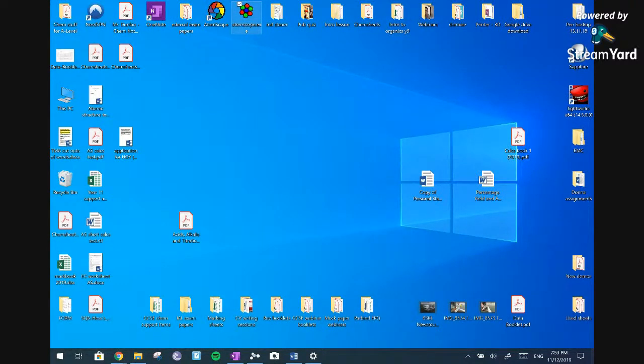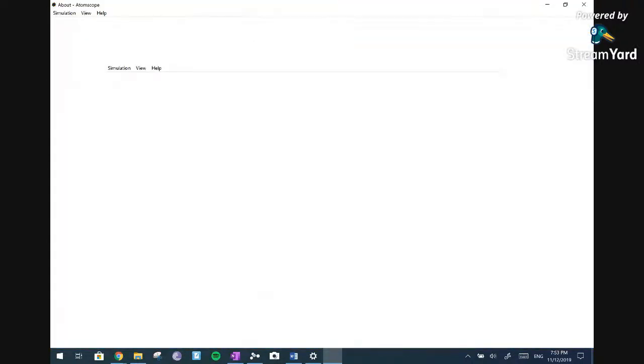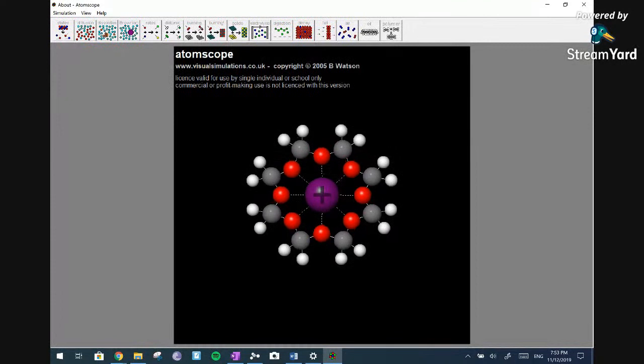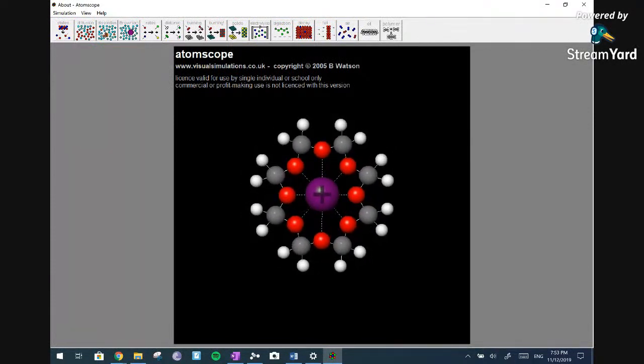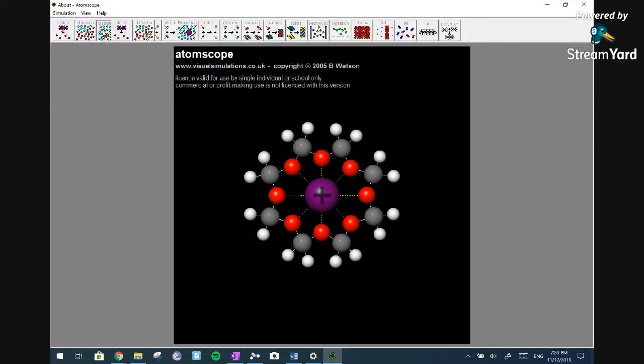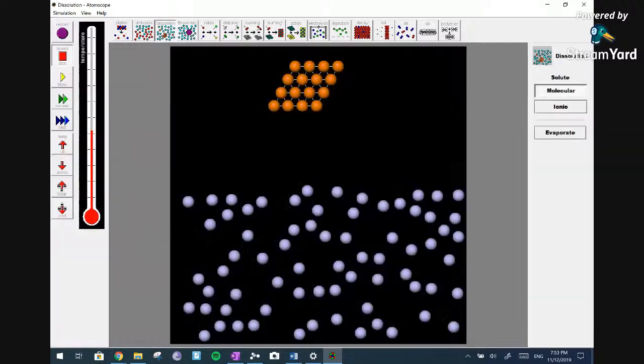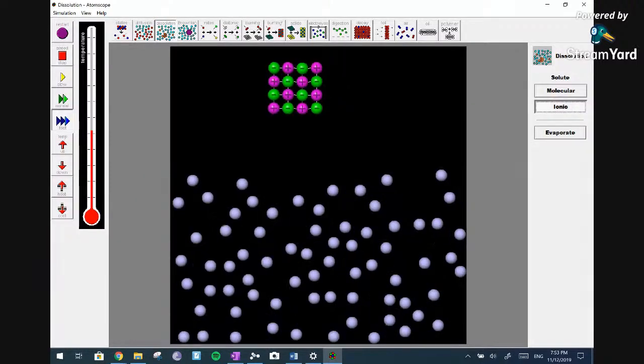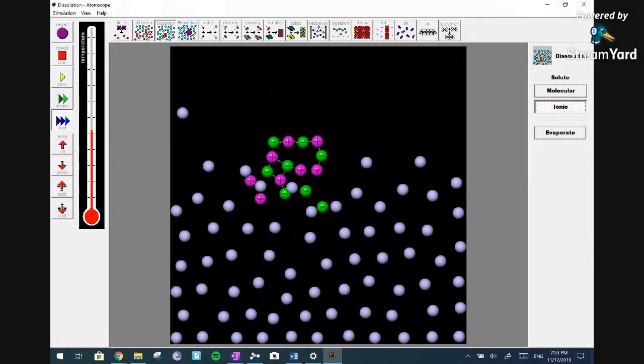Now, this is really useful because what this means is, unlike the metal, which has its electrons, the ions don't have their electrons. If I go to dissolution of an ionic solid and I click animate, the water pulls those ions apart.